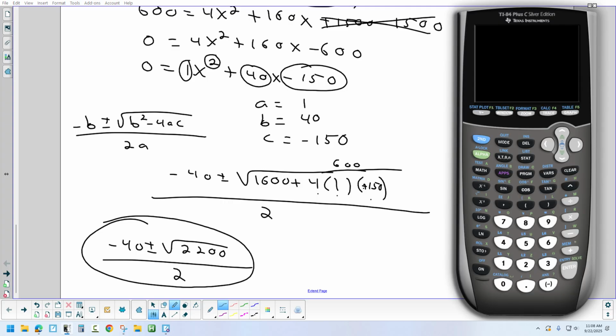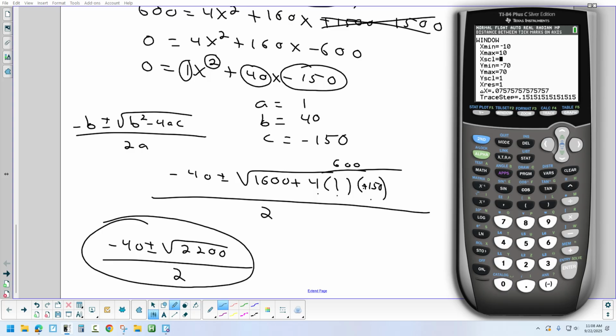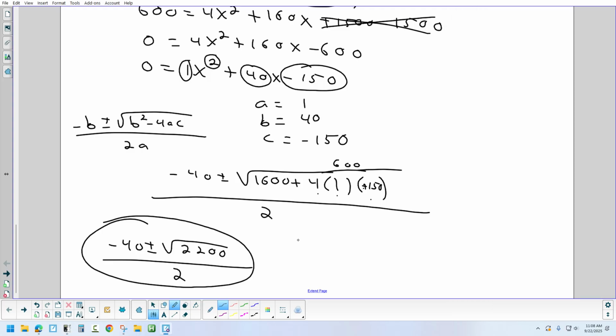Now, we're talking about the width of a sidewalk, so it can't be 2 different answers. It has to be only 1, so most likely one of these answers won't make sense. Let's try negative 40 plus the square root of 2200, divided by 2. That makes sense. The sidewalk could be almost 3.5 feet wide. So about 3.45.